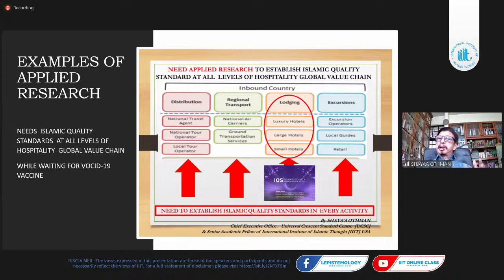The woman is protected, with an exclusive swimming pool. Even non-Muslims would like to stay, but we cannot allow non-Muslim women to swim in the exclusive swimming pool because they have different aurat, isn't it?